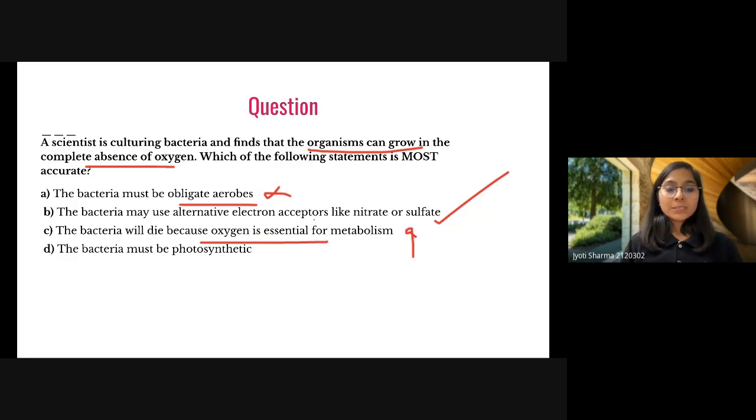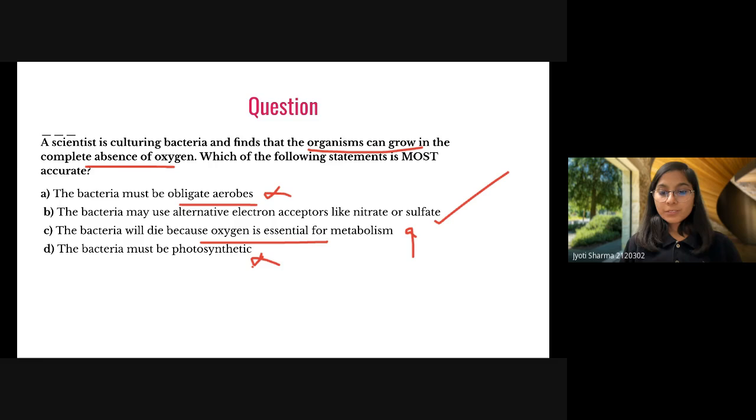Then bacteria must be photosynthetic. No, this is again not right, because if they can grow in complete absence of oxygen, it means they are not doing photosynthesis, and they can even survive without photosynthetic activity. So this is again the wrong statement. So the only option that we have is the B option.